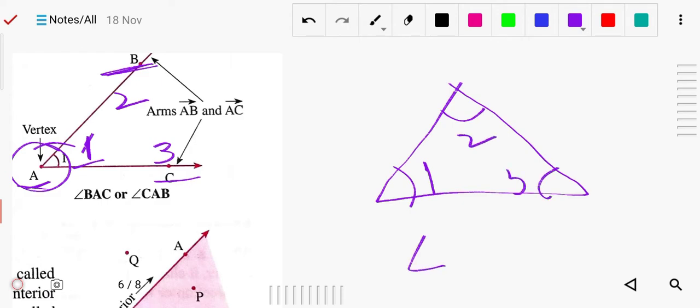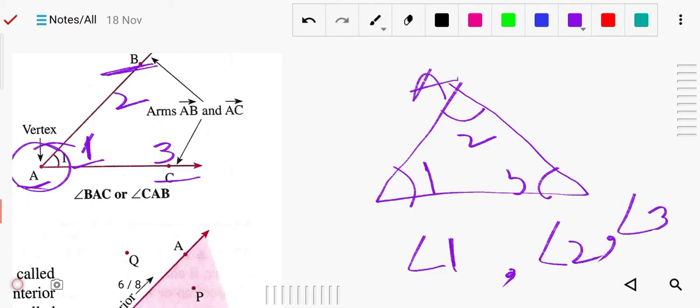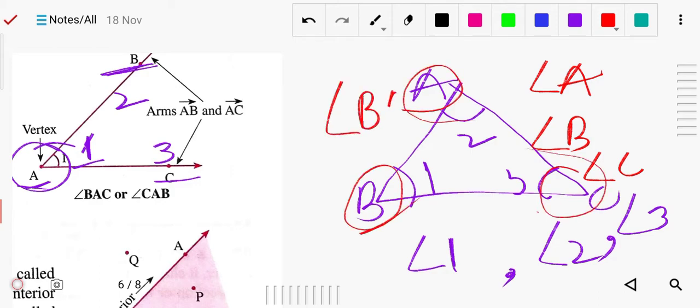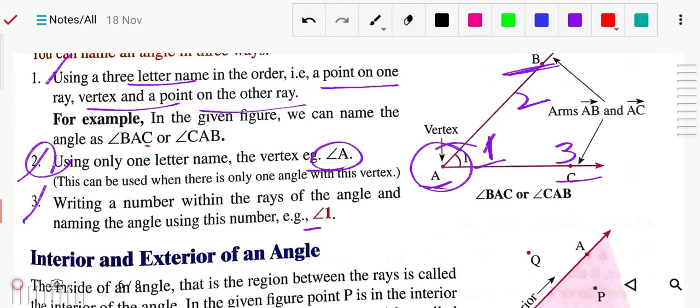Or suppose these are A, B, C, you can write angle A, angle B, angle C, or angle BAC, angle ACB, angle CBA. So these are the three ways of writing angles.